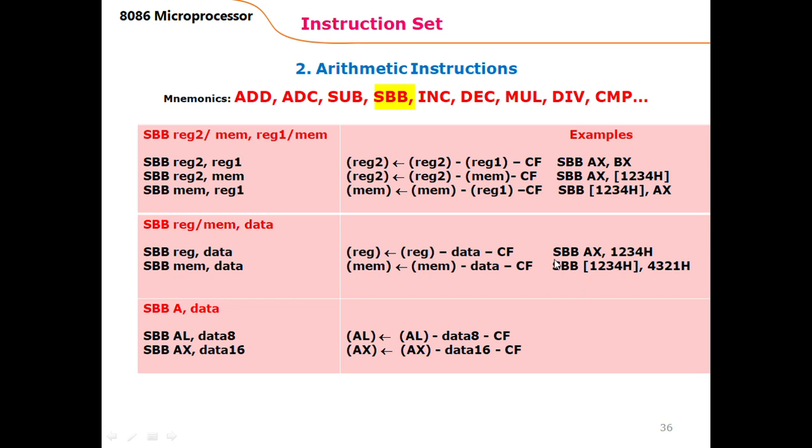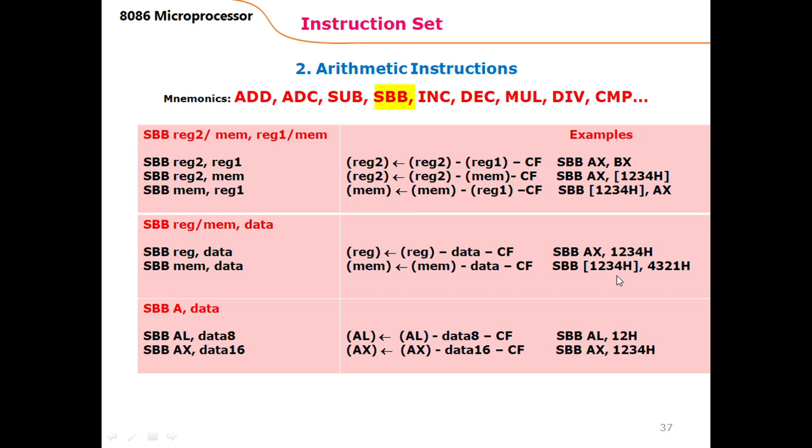For both of these forms, these are the examples where the 16-bit immediate value 1234H is subtracted from the AX register, and then the carry flag is also subtracted from the result, and then the final result is stored in the AX register. While here the 16-bit immediate value and the carry flag are subtracted from the 16-bit value of the data segment memory location addressed by this offset address, and then the final result is stored at this memory location.